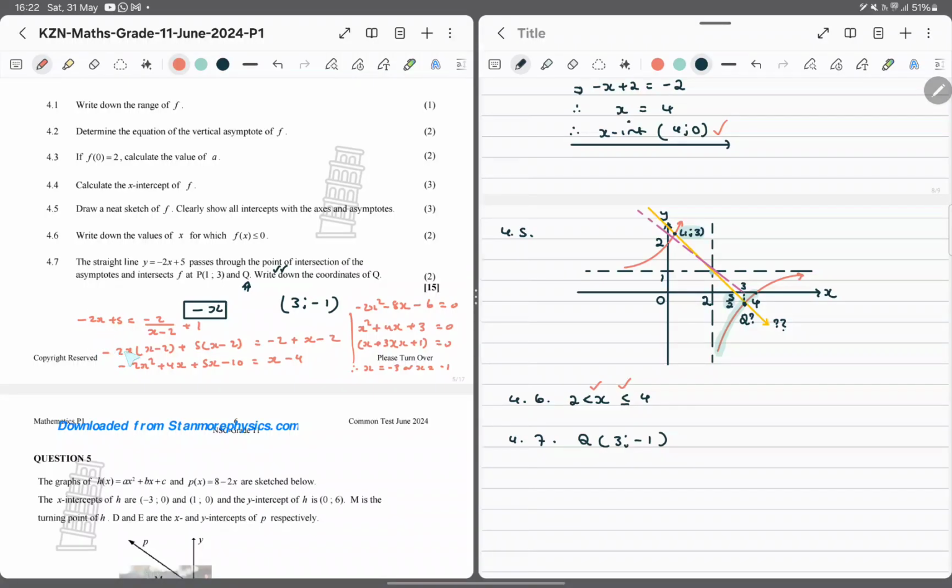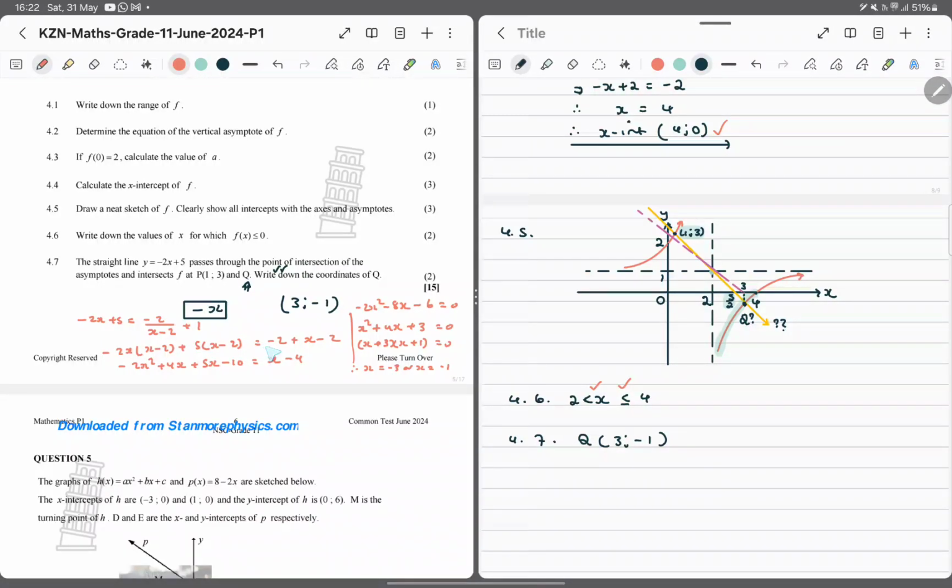This is minus 2x times x minus 2, right? Which is going to give me minus 2x squared plus 4x. This is plus 5 times x minus 2, which is 5x minus 10. So this is good. Then I come here.